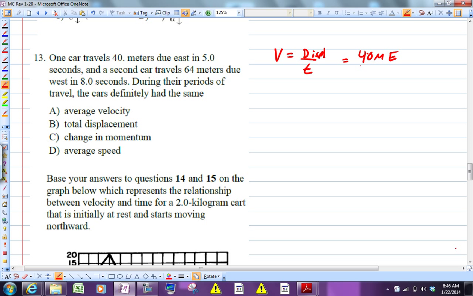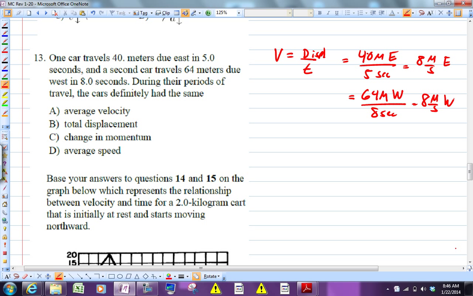That east matters in 5 seconds, which is going to give us 8 meters per second east. The second vehicle travels 64 meters, but that's west in 8 seconds. And that gives you 8 as well, but that's 8 meters per second west.